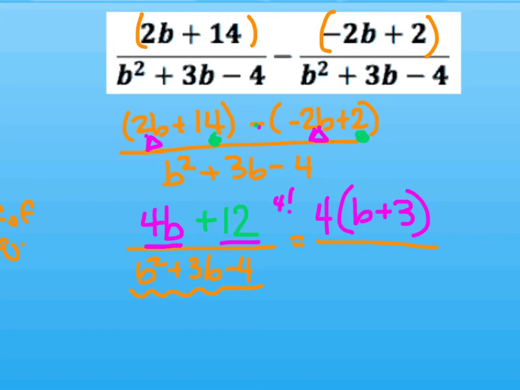We can turn this into b plus 4 times b minus 1. Everything's completely factored. Everything's been done properly, and unfortunately, there's no common terms between the top and the bottom. So this, even though it's a big mess of an equation, is our final answer.